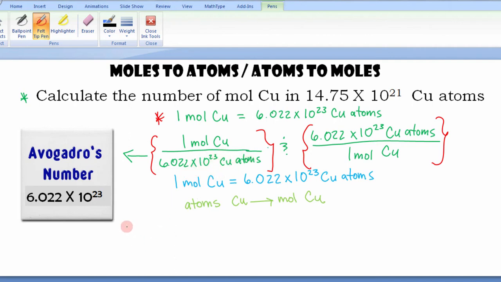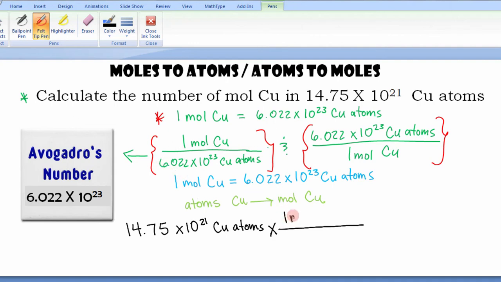So we would say 14.75 times 10 to the power of 21 copper atoms times, we will use this relationship.